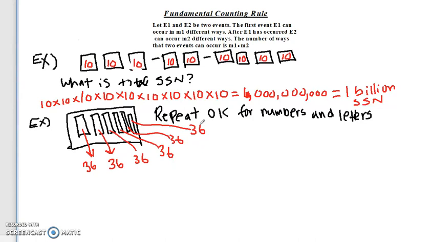Something's wrong. Hang on, I think I'm getting the wrong numbers here. 1, 2, 3, 4, 5, 6.